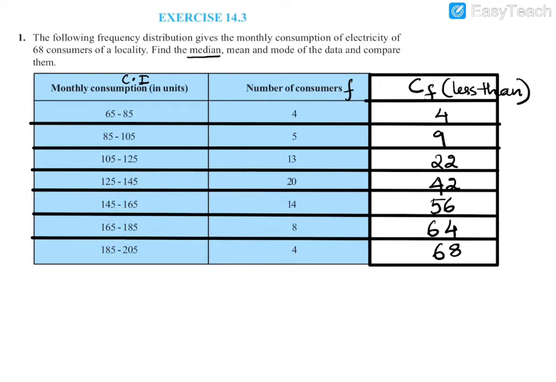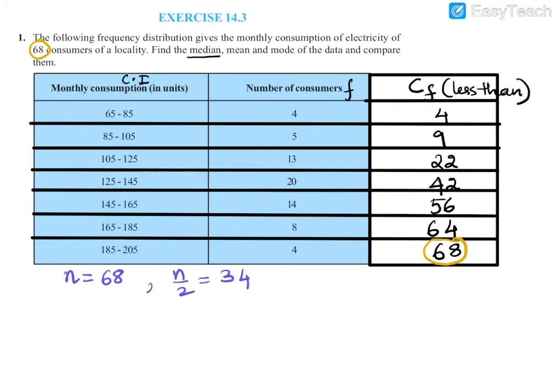The total number of consumers is given as 68, and the last number of the cumulative frequency should also be 68, because the last cumulative frequency stands for the total of frequencies, which is total number of observations. So we can write down n over here is 68. So n upon 2 will be 34.